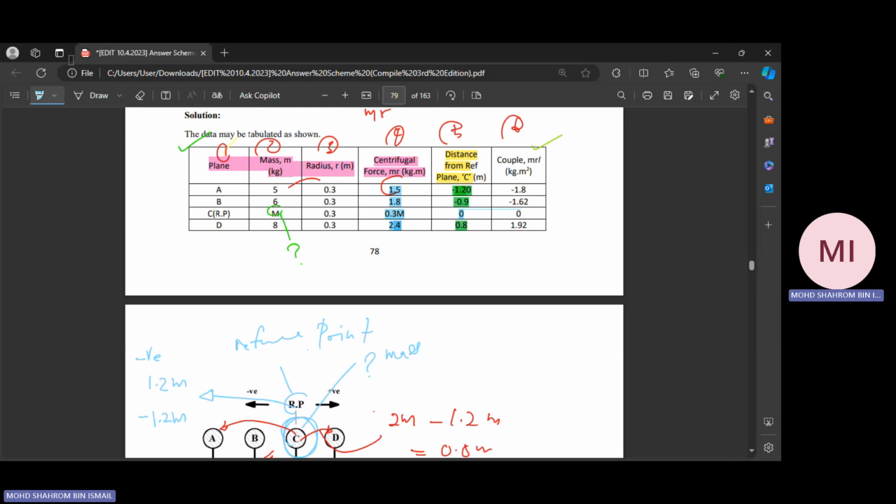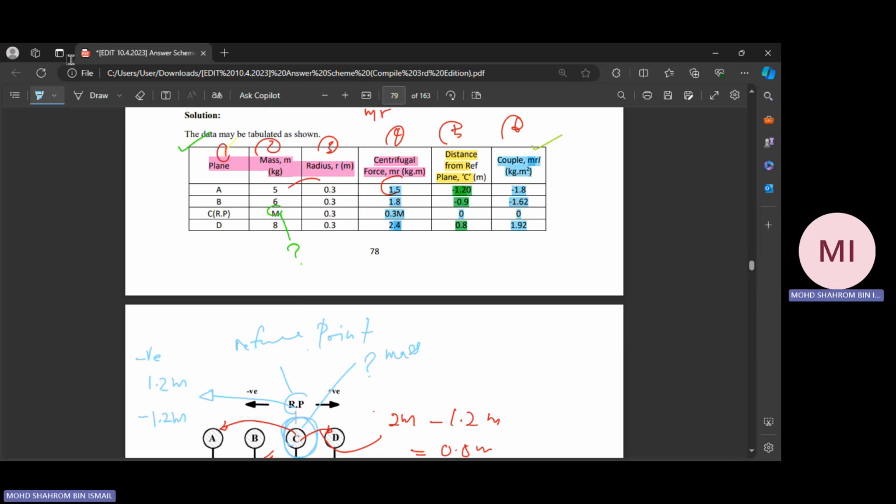So this is all the value that you're going to get in order to finish the whole table. By having the table, I think you'll be good to go.